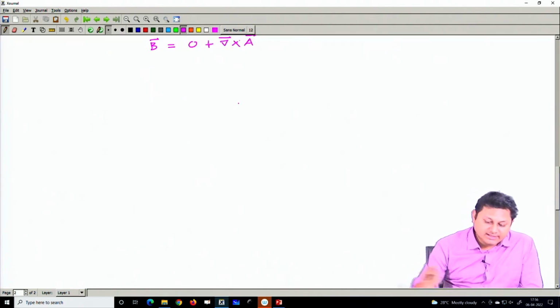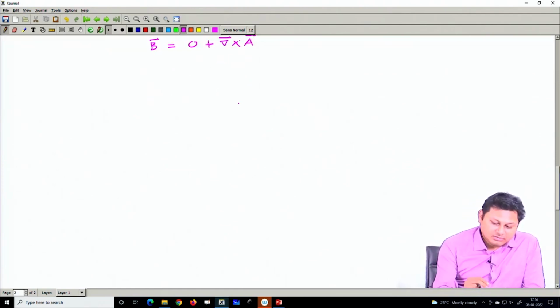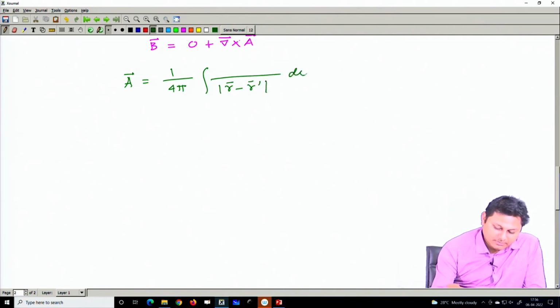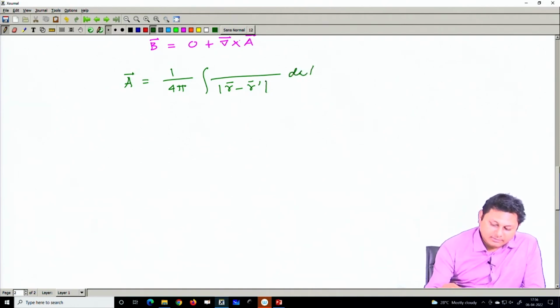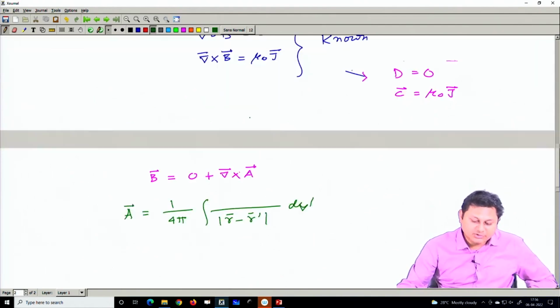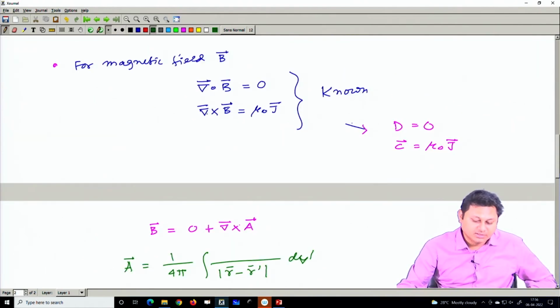Now, if I want to construct A according to the Helmholtz theorem, it should be 1 by 4 pi times the integral, divided by r minus r prime, dv prime, and here I should put whatever curl value is given. The curl of B is mu 0 j, which is C here.